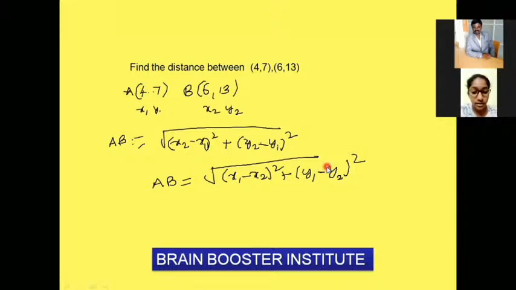As there is a square, if the difference is negative, it becomes positive. So this formula can be written in these two forms: under root of x2 minus x1 whole square plus y2 minus y1 whole square, or under root of x1 minus x2 whole square plus y1 minus y2 whole square. Any doubt?